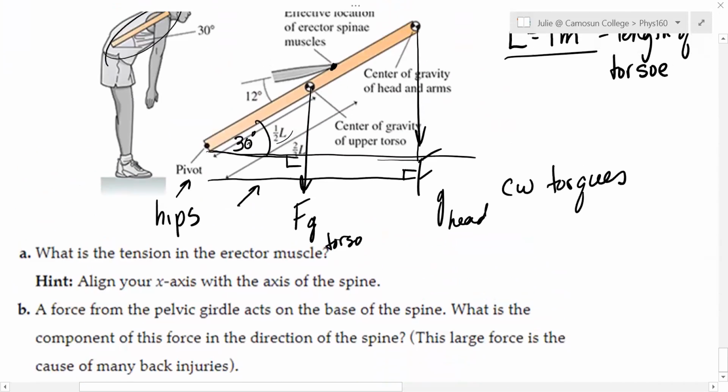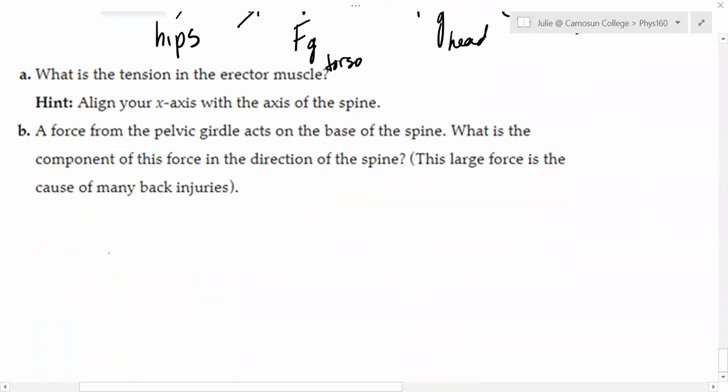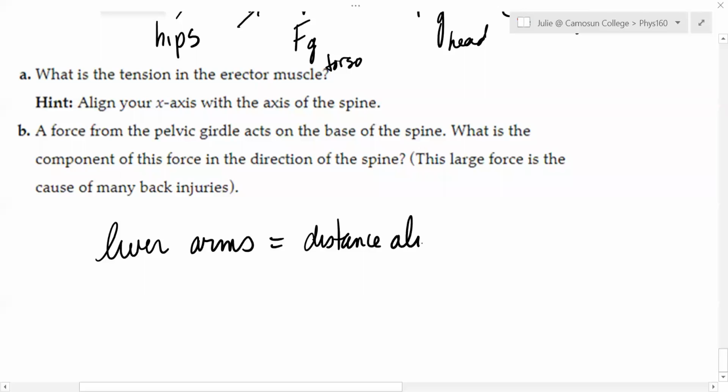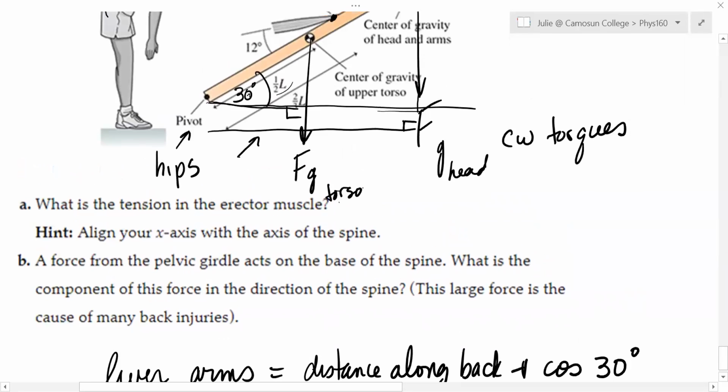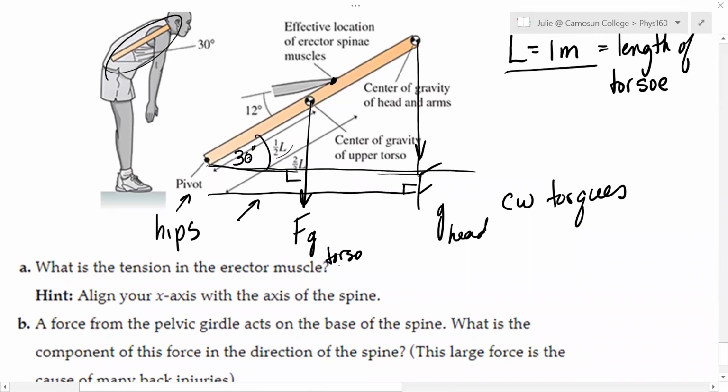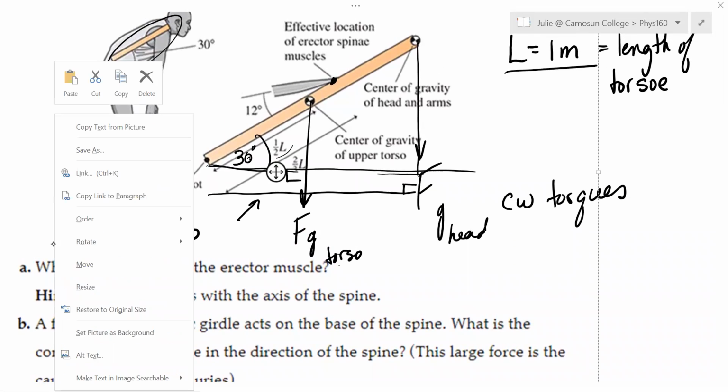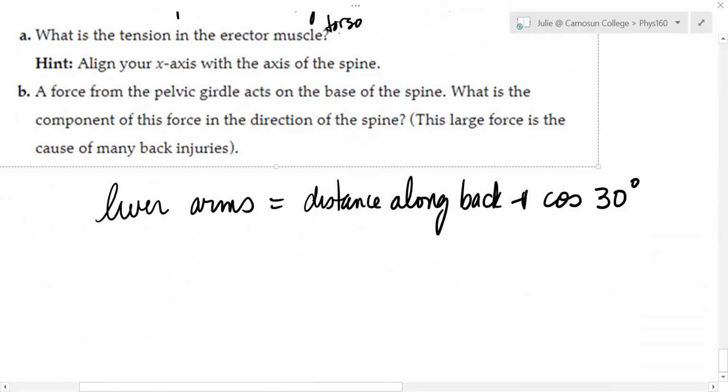So lever arms are equal to distance along back times cosine of 30 degrees. And you're going to have to do that for the torso and for the head. Now, for the erector spinae muscle, it's totally different because it's a different angle. So we'll do the muscle.